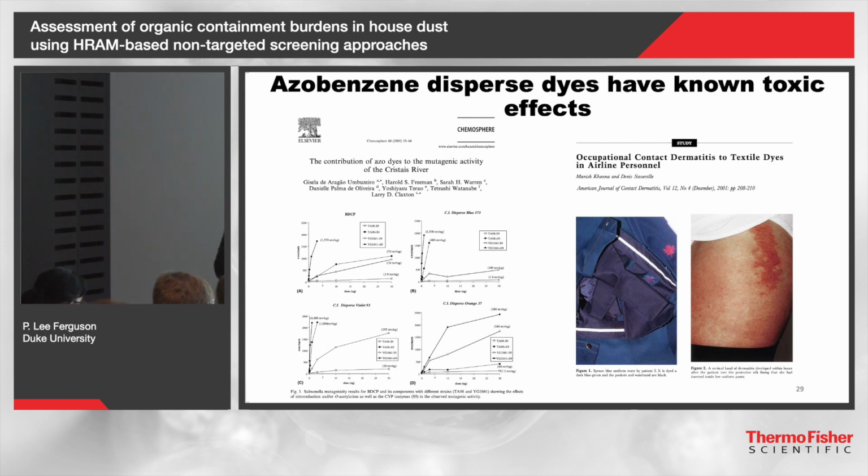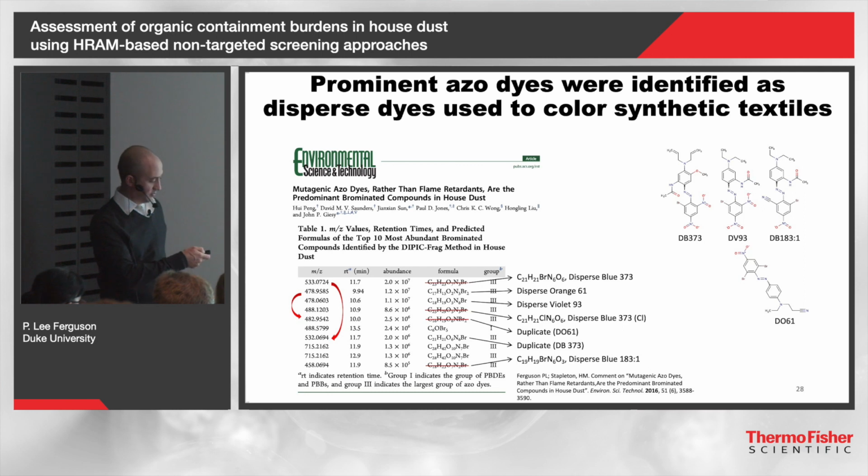There are a number of reports where people in polyester uniforms get contact dermatitis from areas in contact with certain colors of the uniforms. It's usually blue and black. And those blue and black dyes are actually these Disperse Blue 373, 93, and 61, which are combined to make the most common black dye in commerce.